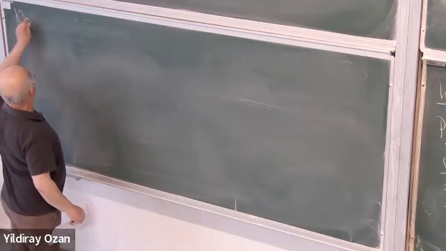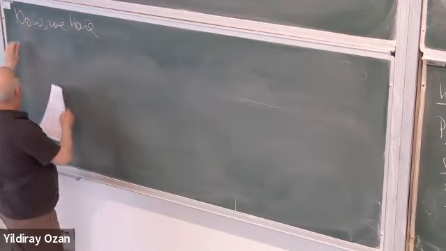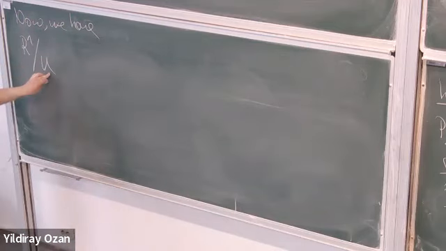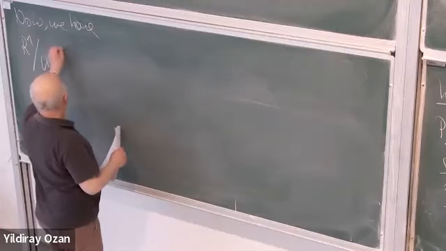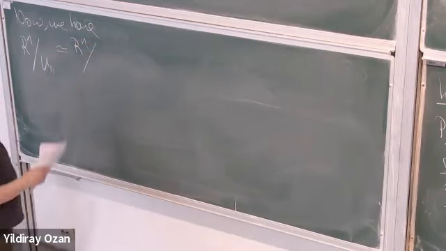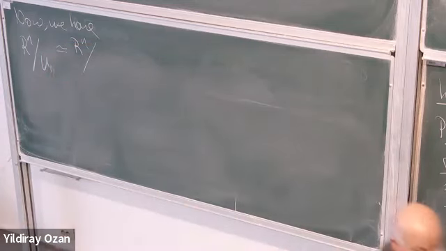Now we have Rn divided by u, the submodule generated by the columns of x minus identity minus c. This is of course Rn divided by what is that submodule generated by the columns?